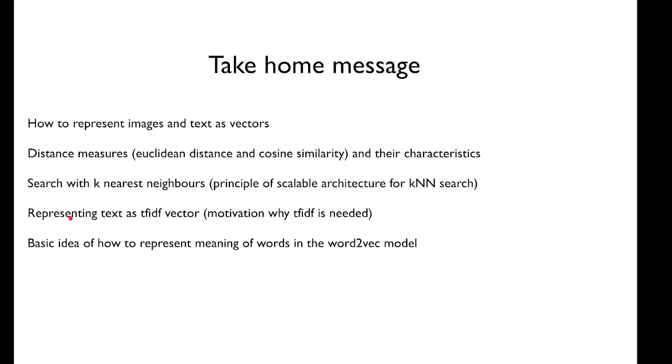You should understand how to represent text with tf-idf as a vector and what the key motivation for tf-idf is. And you should have a basic idea of how to represent the meaning of words through the use of models that allow the prediction task of the word from the context, as it was coined in the word2vec approach in the beginning.